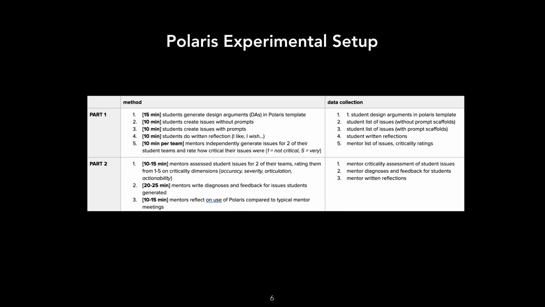They then were asked to create a list of issues that they saw in their design arguments without seeing the sidebar prompts, after which they used the sidebar prompts and were asked to again create a list of issues that they saw in their arguments after having used the prompts. And those are the important details of that first part.